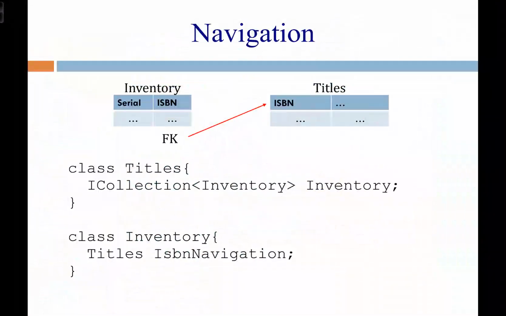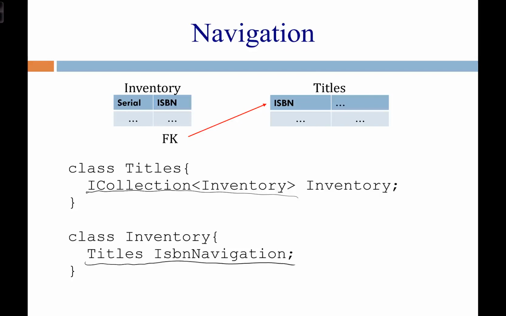There's a foreign key going from inventory to titles, and the direction of this foreign key means that every title could potentially have multiple inventory objects or multiple serial numbers associated with it. So we get a collection in the titles class, and we get a single title in the inventory class.